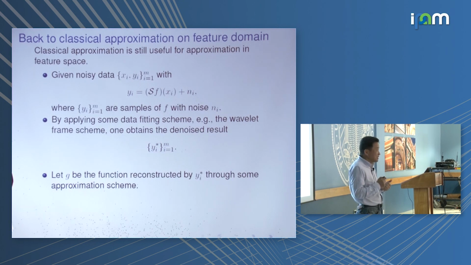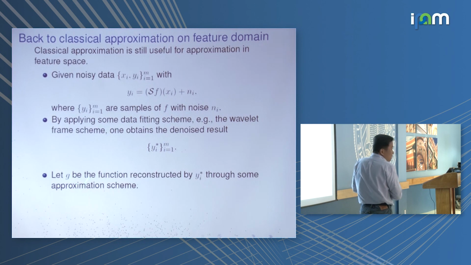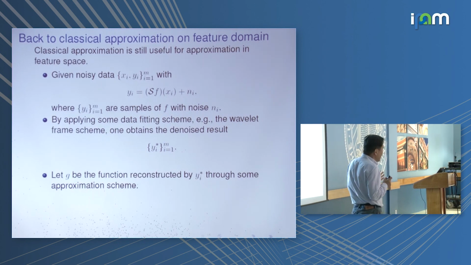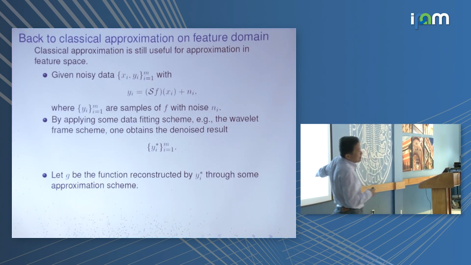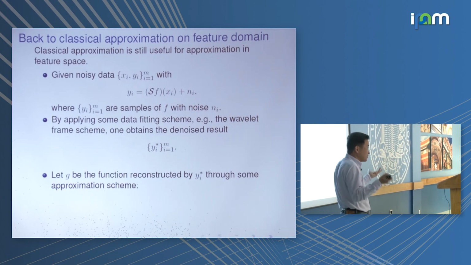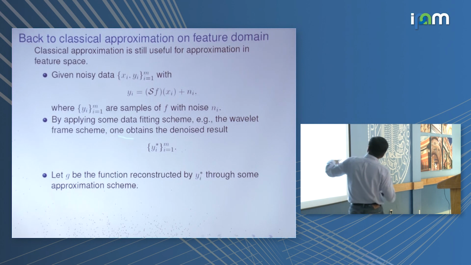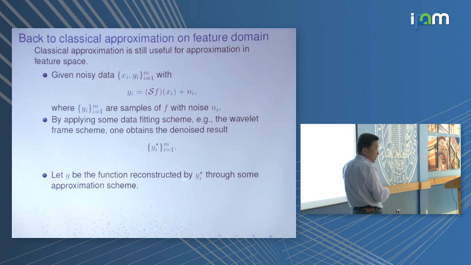The fundamental question is: when my data become denser and denser, whether your g will go to f. That's still the question. And this is not only for this case, but also for all the other denoising schemes. You can also consider this matter. I formulate this in a feature space, but in the other domain it is the same.